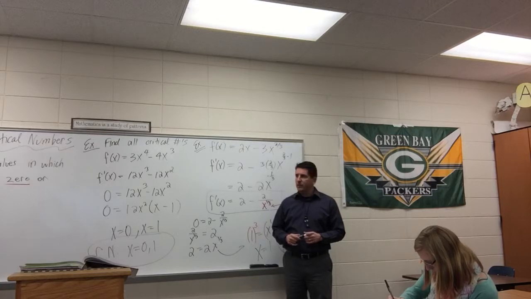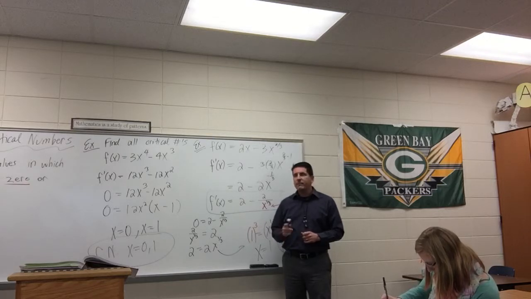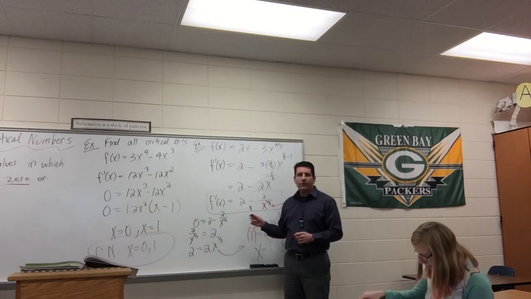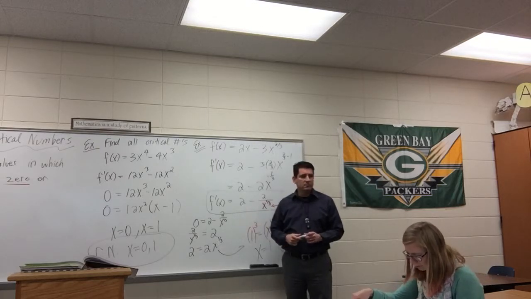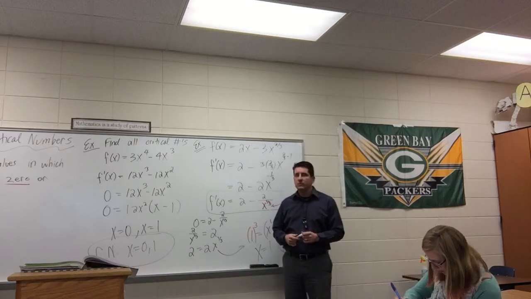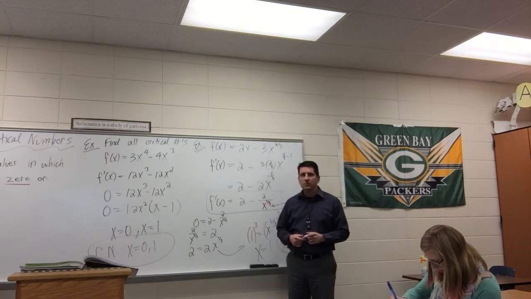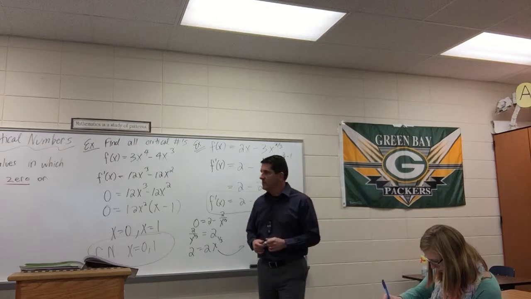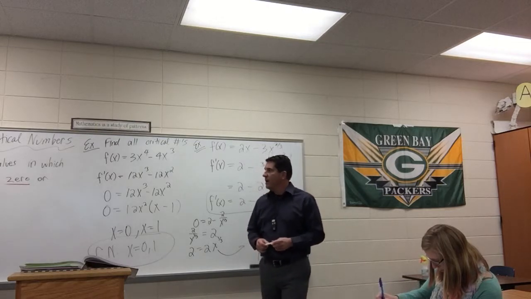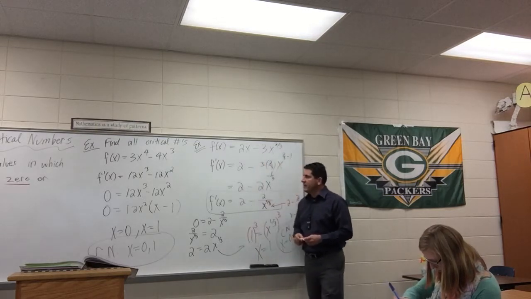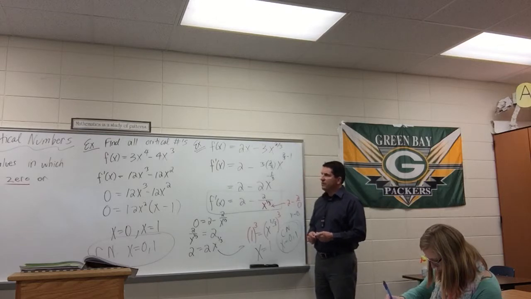That might be noteworthy. You can never have a maximum or a minimum that does not occur at a critical number. Critical numbers are huge. Maximums and minimums cannot occur at any other value other than a critical number.